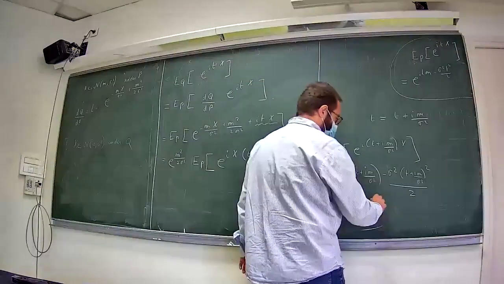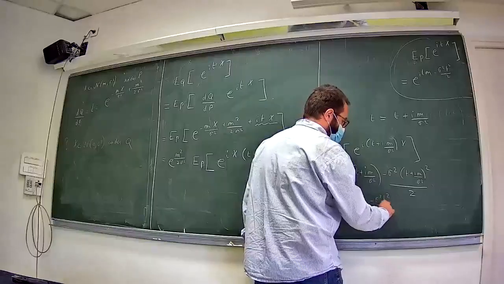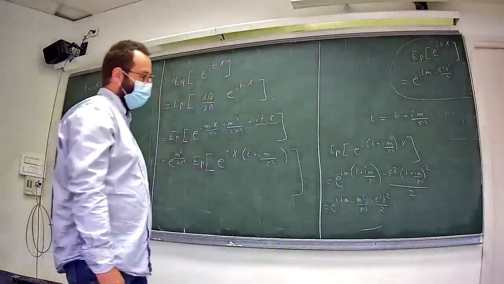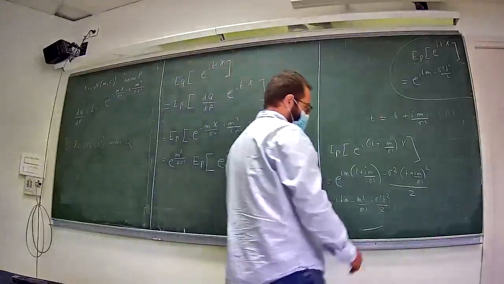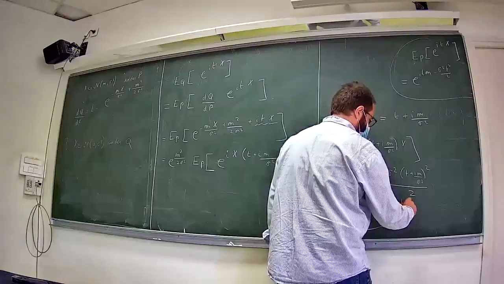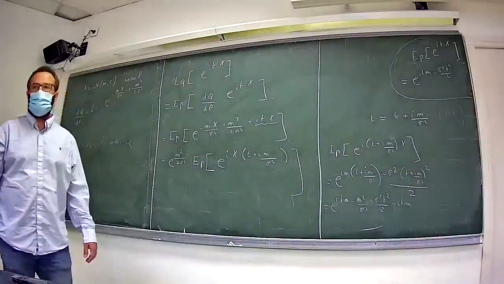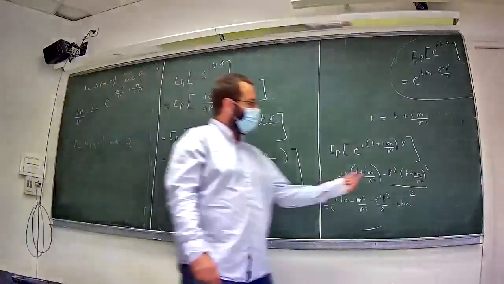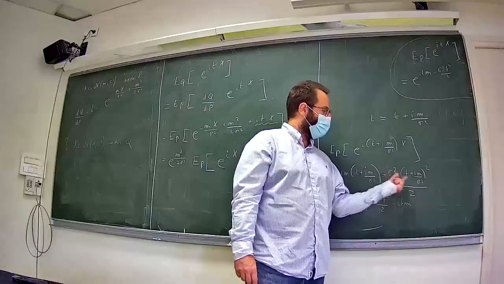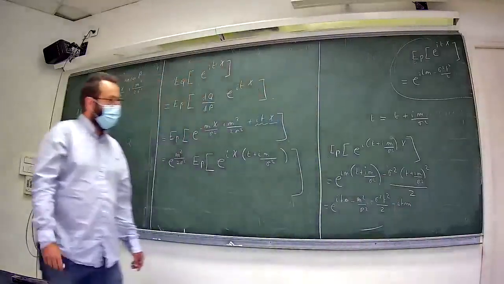So I obtain minus sigma square t square over 2. I have the double product, and I obtain minus i t n, because I have simplification, it comes from the double product: 2 times t i m over sigma square. I multiply by sigma square and I divide by 2. So I obtain this one.